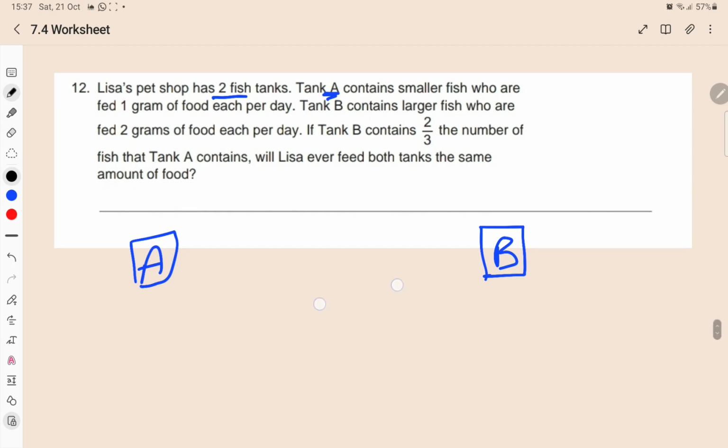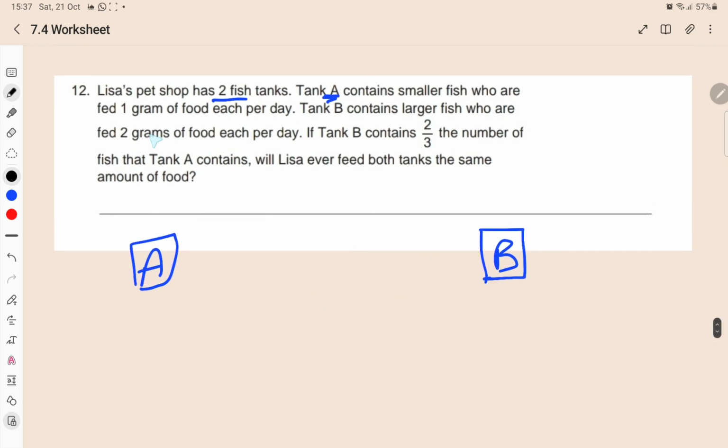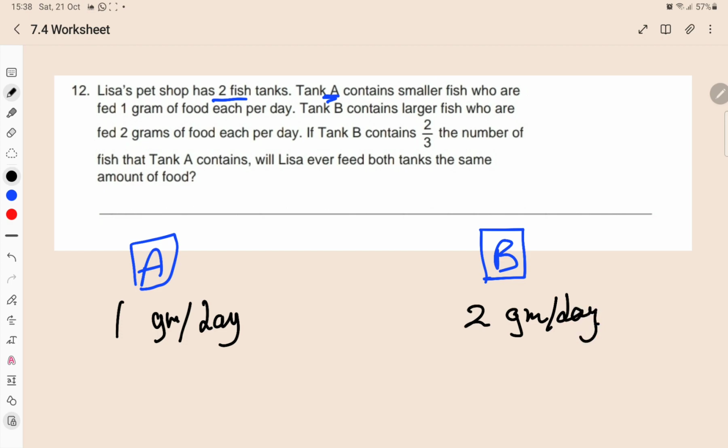In tank A, the fish is fed 1 gram per day. Tank B contains larger fish who are fed 2 grams per day. So 2 grams per day in tank B.